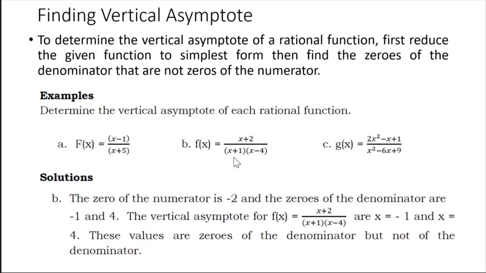So the values of x are negative 1 and 4. The vertical asymptotes for f of x are x is equal to negative 1 and x is equal to 4. So we have two vertical asymptotes for this function. These values are zeros of the denominator but not of the numerator.